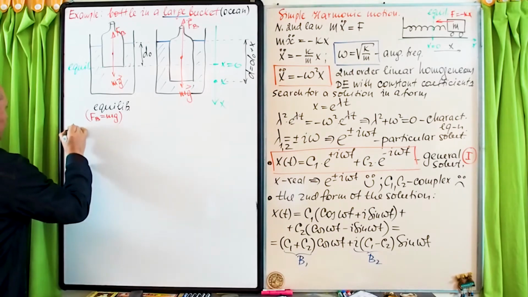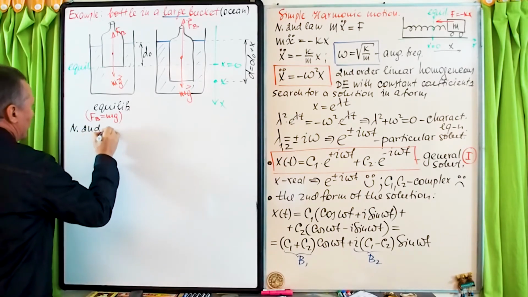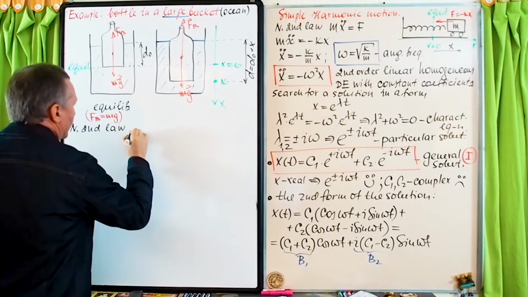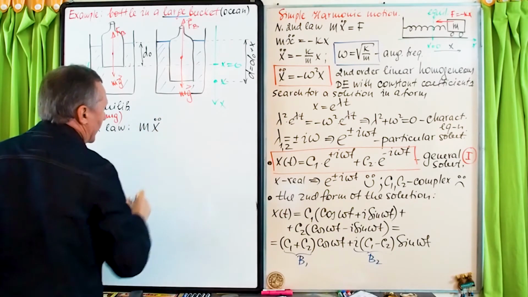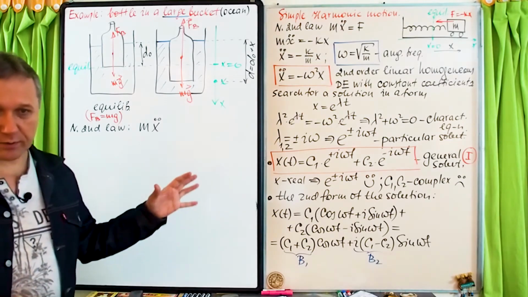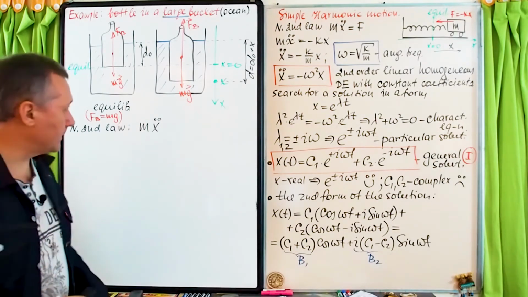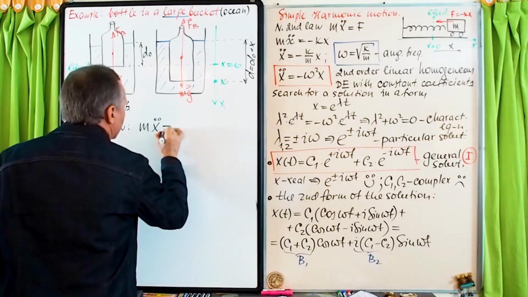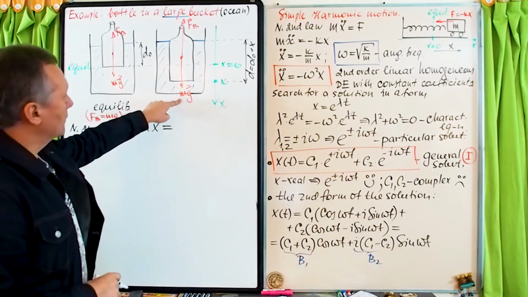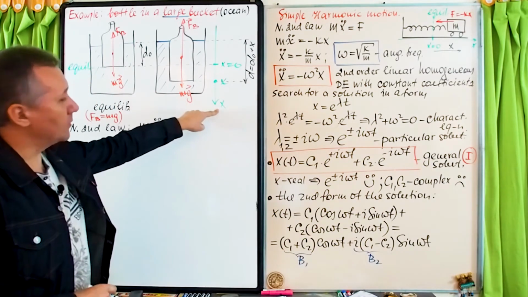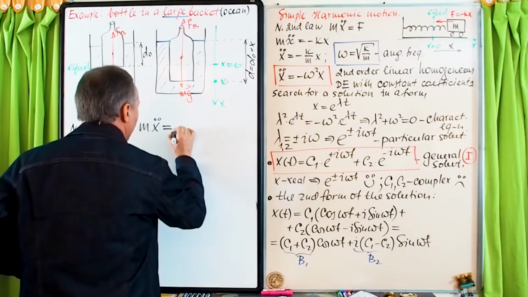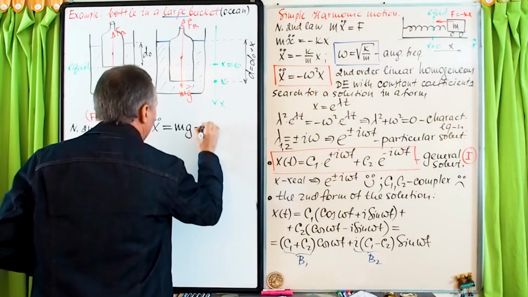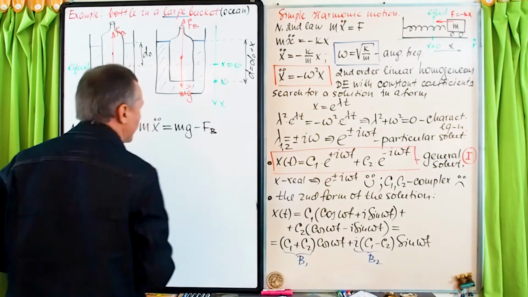So now, of course, Newton's second law: m x double dot, and again, every time we treat acceleration as being positive, right? And then force of gravity in the positive direction, buoyancy force in the negative direction. So it will be mg minus buoyancy force.